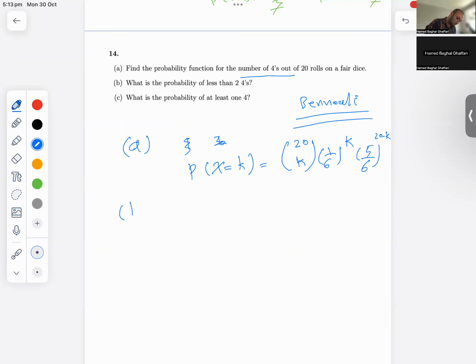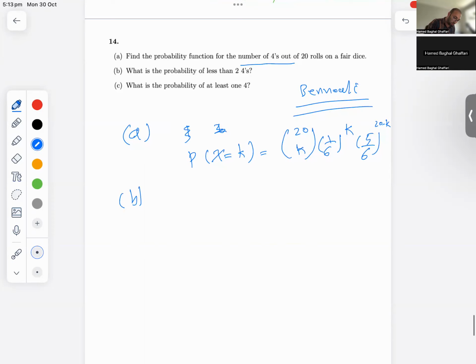Using this, we can solve part B. Less than 2 means the probability of 0 plus the probability of 1.